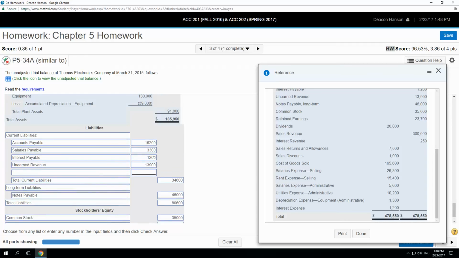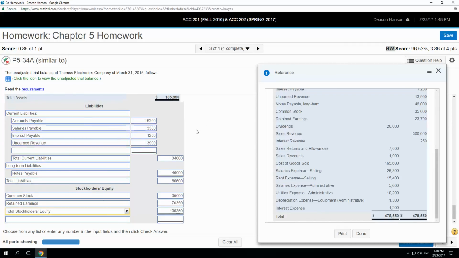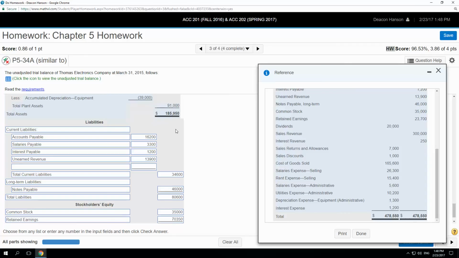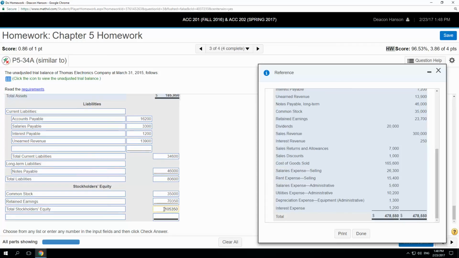Now remember, this is the second side of the balance sheet, and the second side of the balance sheet is a combination of your liabilities and your equity, and that combination should equal your total assets. So what we need to do is we need to add total liabilities of 80,600 to total stockholders' equity of 105,350.